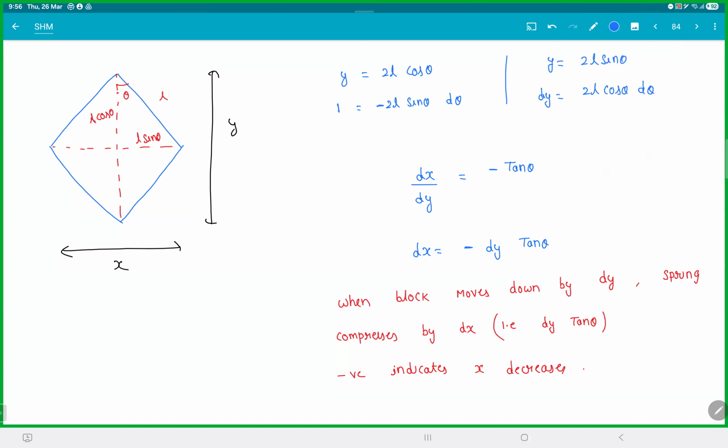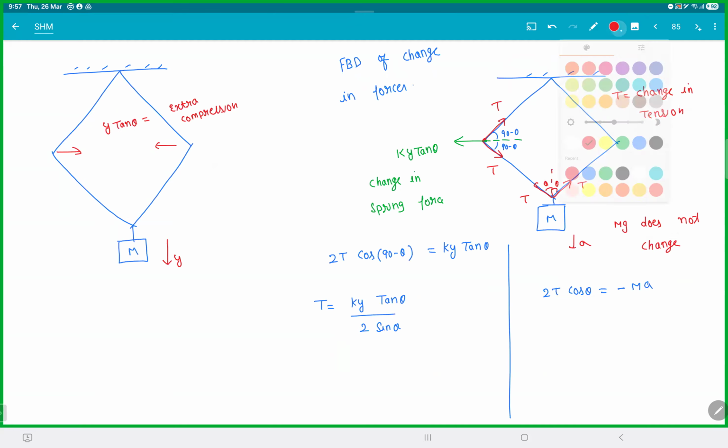This was y. This was dy. This was x. This was dx. The dx by dy was cot theta. I was thinking, why is it getting cancelled? So the spring compression was y cot theta.